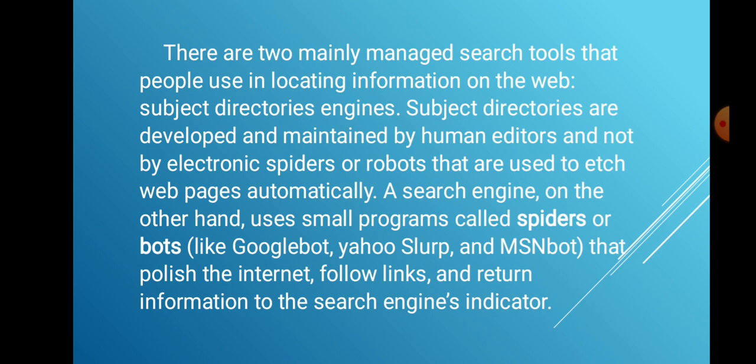A search engine, on the other hand, uses small programs called spiders or bots, like Googlebot, Yahoo Slurp, and MSNBot, that crawl the internet, follow links, and return information to the search engine's index.